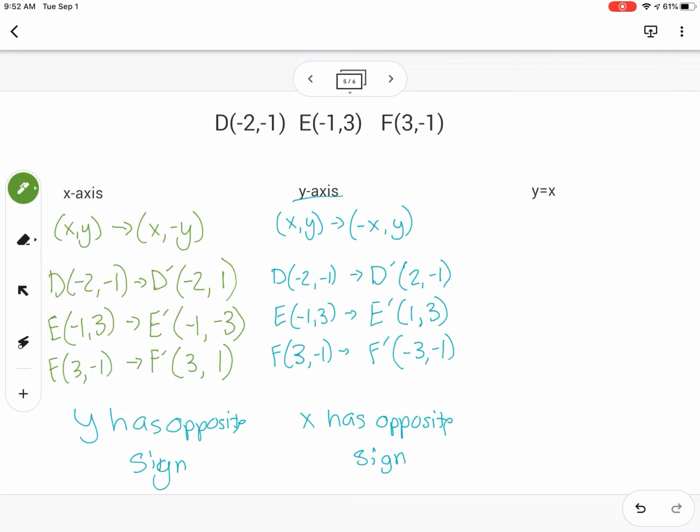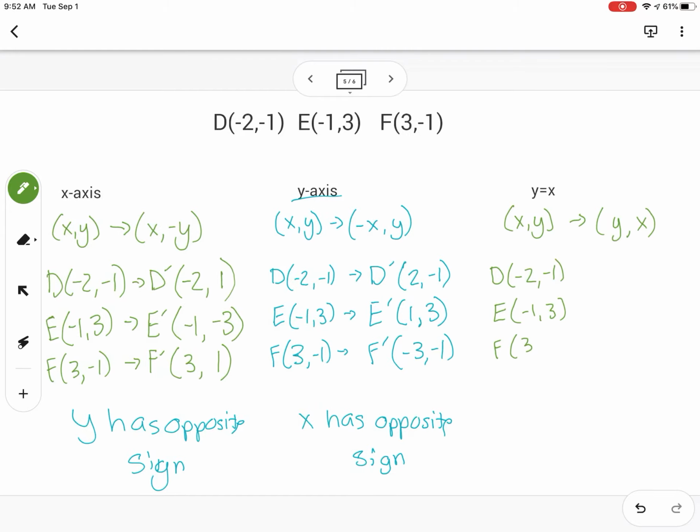Right. For the last one, with y equals x, you take the original point and you switch the order of the x and the y. So all my originals I'll write down first. Okay, so we're switching the order.